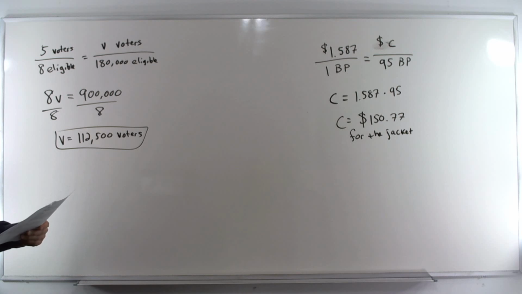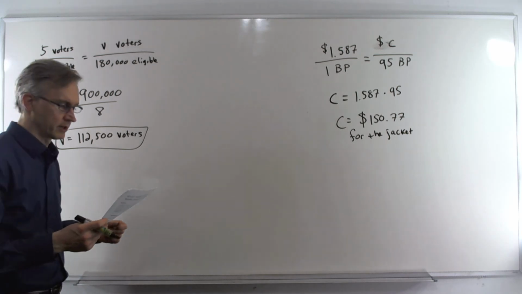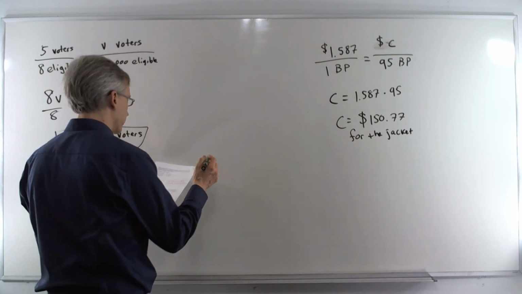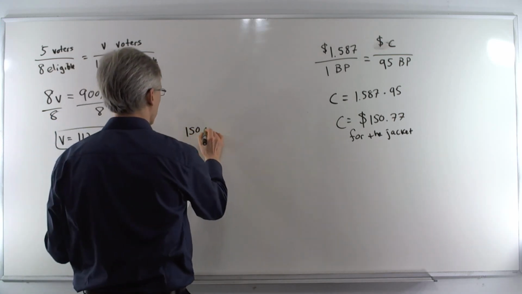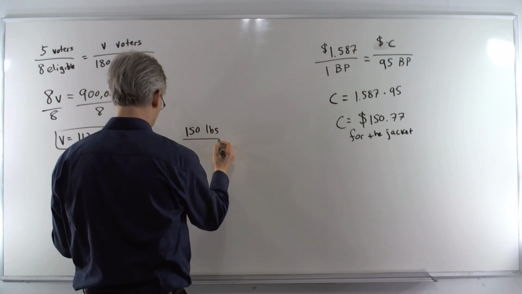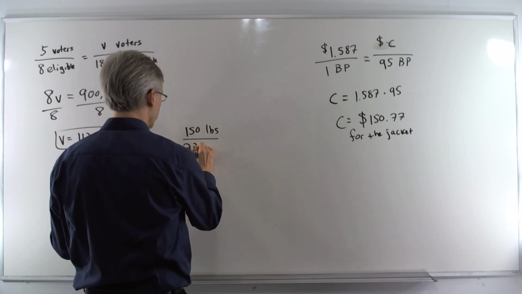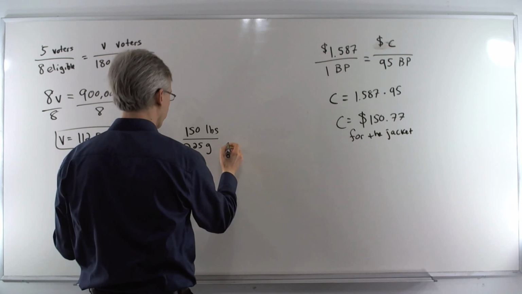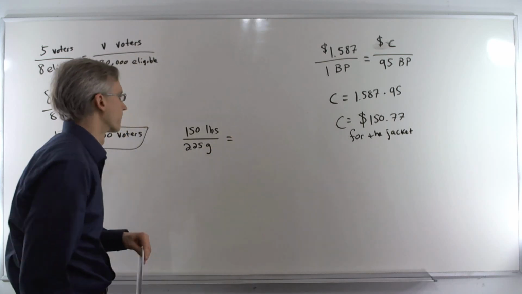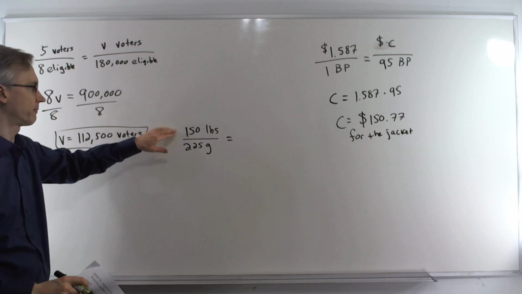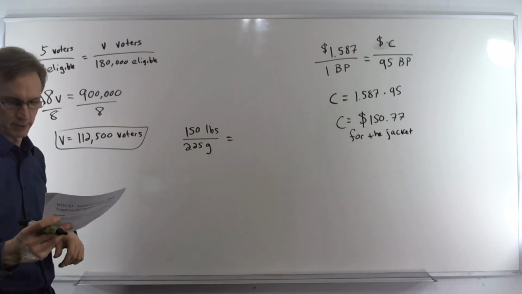All right, now we're back to the Rocephin example. To treat an infection, a 150-pound adult is periodically administered 2.25 grams of Rocephin. So there's our rate, 150 pounds, 2.25 grams.